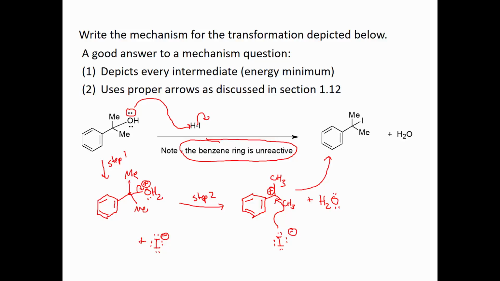This gets rid of all the intermediates that don't have octets, and this is a very favorable step. Step 2, remember, is our rate determining step. This reaction should be pretty facile because we have a tertiary alcohol.